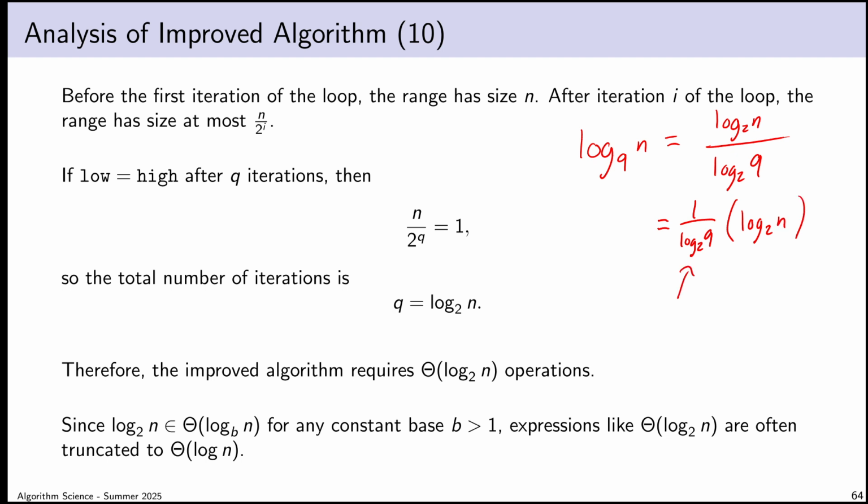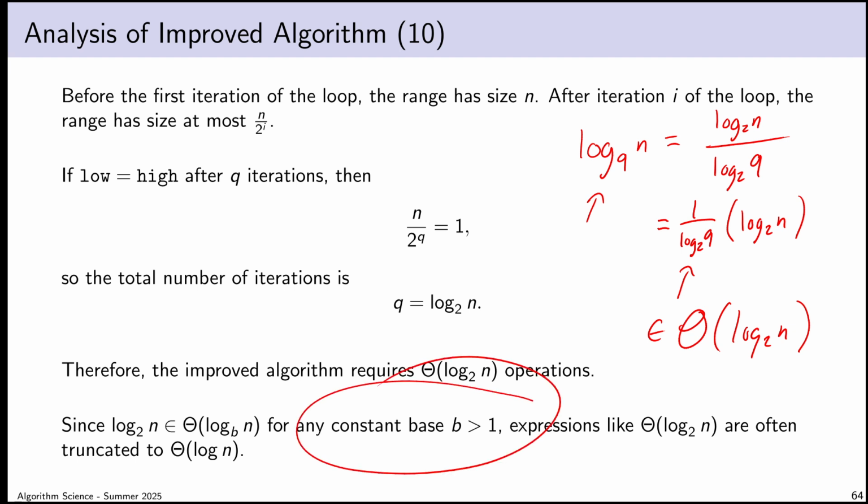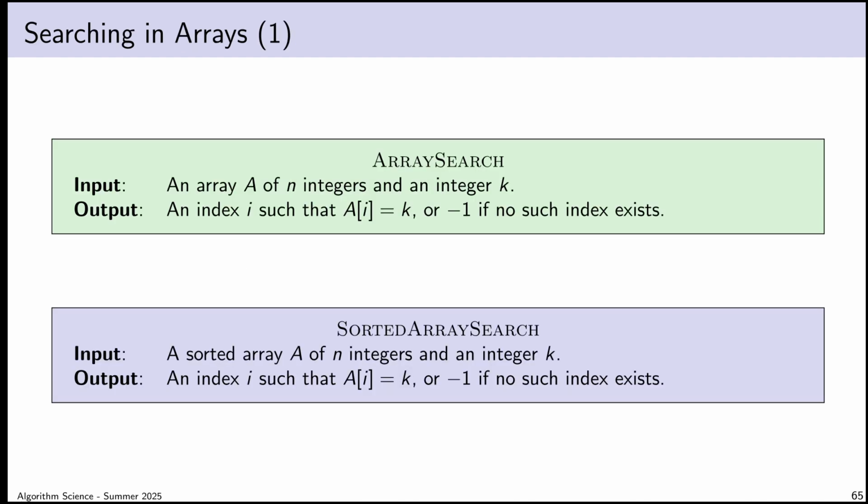And this is a constant, which means that this whole thing is actually big theta of log base 2 of n. And so the base change formula for logarithms is just multiplying them by a constant. And so it turns out that log in any base of n is actually big theta of log in any other base of n, as long as the base is a constant greater than 1. So as a result, we can just say it's big theta of log n, base agnostic.